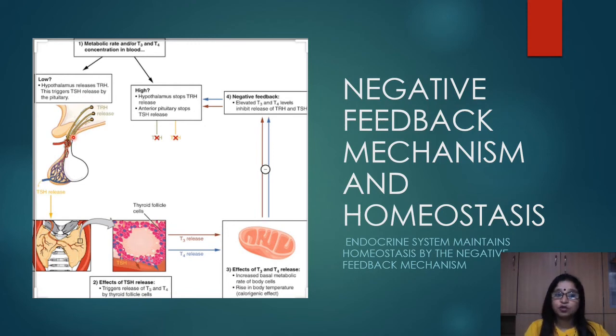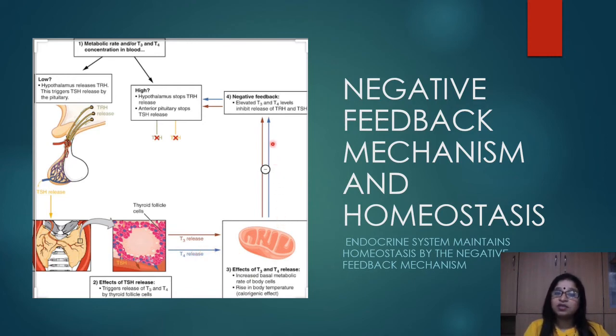This TSH flows through the blood and shows its action on the thyroid gland and stimulates it to start secreting T3 and T4. The cells of the thyroid will start secreting T3 and T4, which go into circulation and act on the target cells of the body. The cells will keep on secreting T3, T4, and the level will keep on rising.